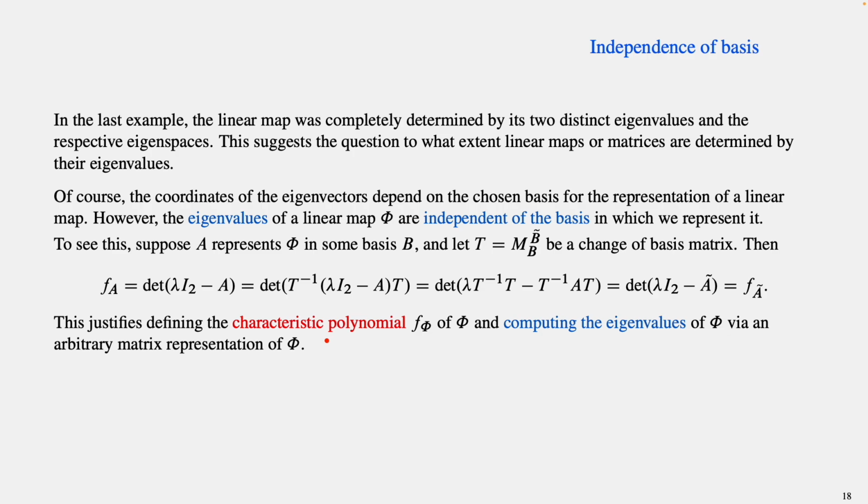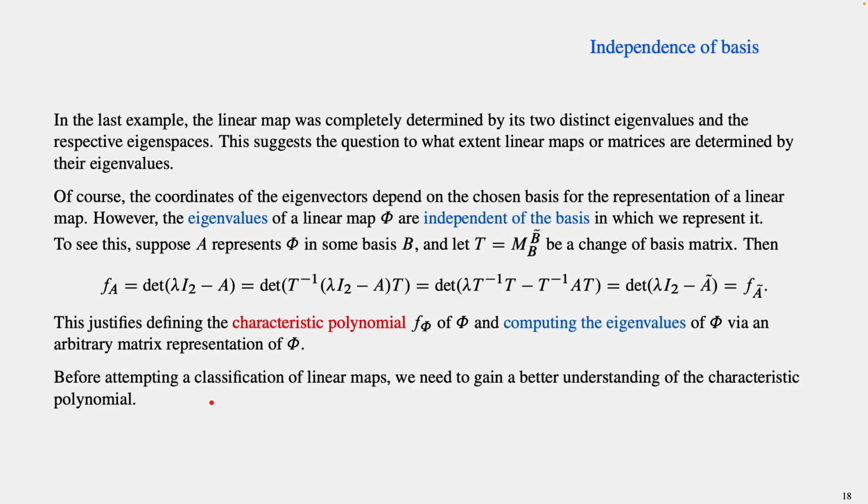And that justifies defining the characteristic polynomial f phi of a linear map phi via the characteristic polynomial of any of its representation matrices.